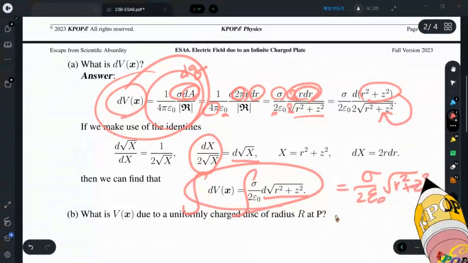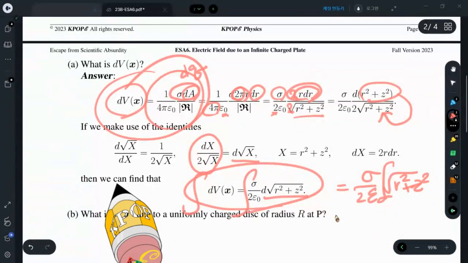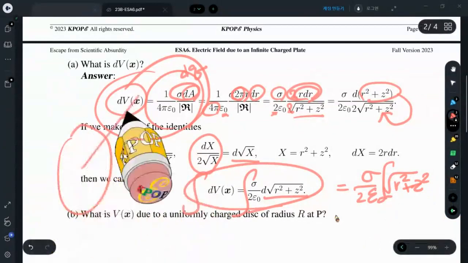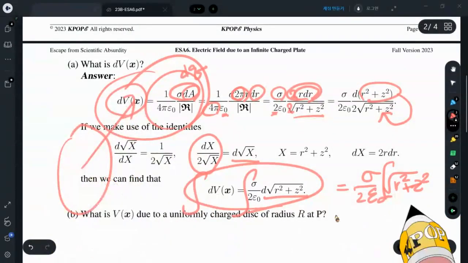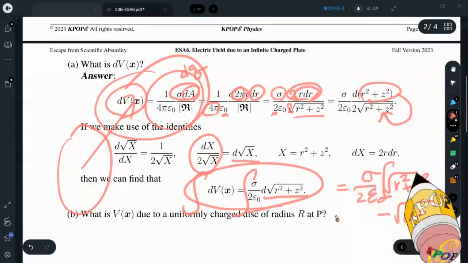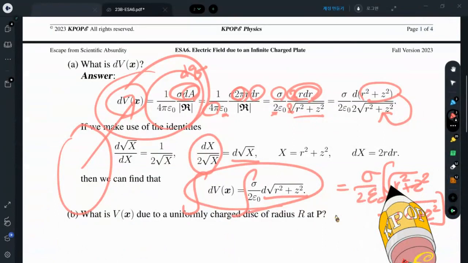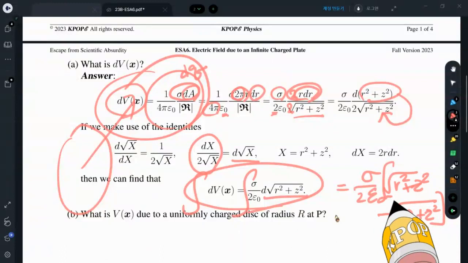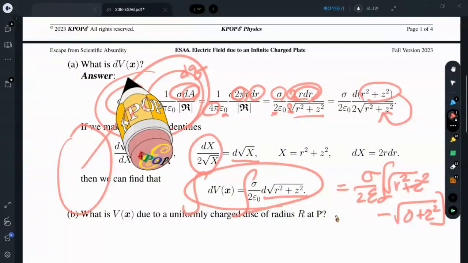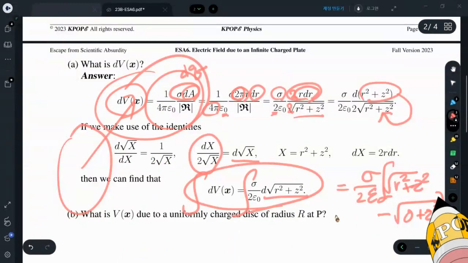What a simple problem this is. If I consider the integral from 0 to infinity, subtracting 0 plus z squared, and we take r to infinity, that is the potential. So we can notice that the electrostatic potential diverges to infinity. Don't worry too much because we are not interested in that.